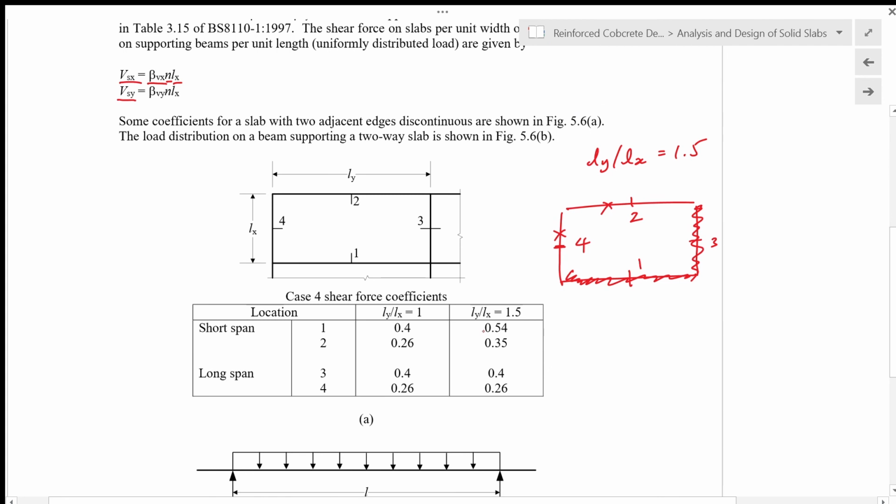So for the short span direction at the continuous edge, we have 0.54 for location 1, and then for the short span direction, location 2 is the discontinuous edge, so we have 0.35. And then for the long span direction, location 3 is the continuous edge of 0.4 for the beta Vy value, and for location number 4, the discontinuous edge, the beta Vy value is 0.26, as we have determined from table 3.15 of BS 8110 part 1 1997.